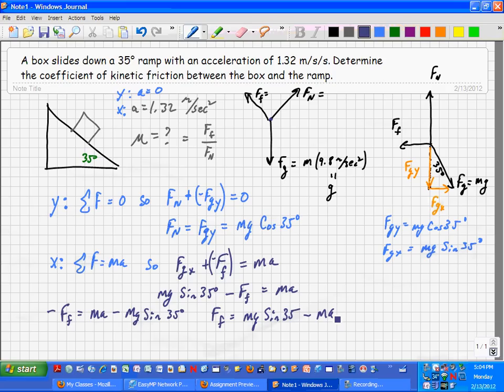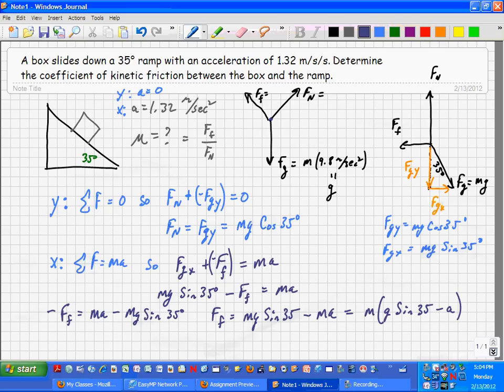I'm going to divide out the m from both of these. It's the same m, I can factor it out. So that's equal to m times g sine 35 minus a.